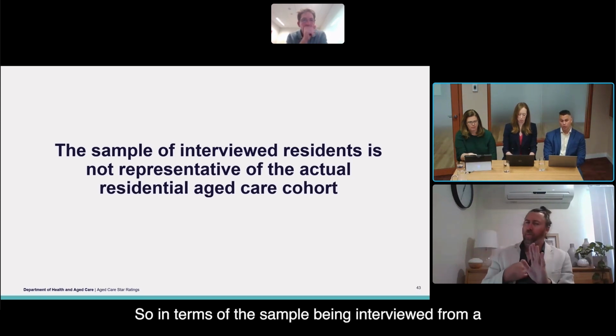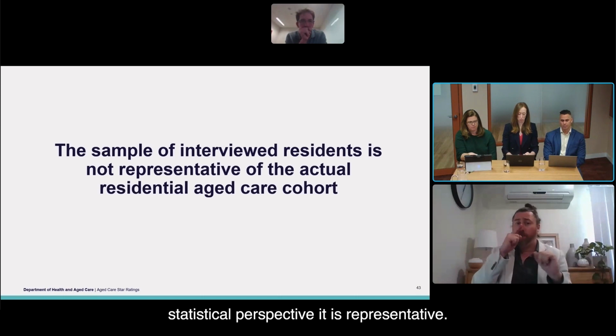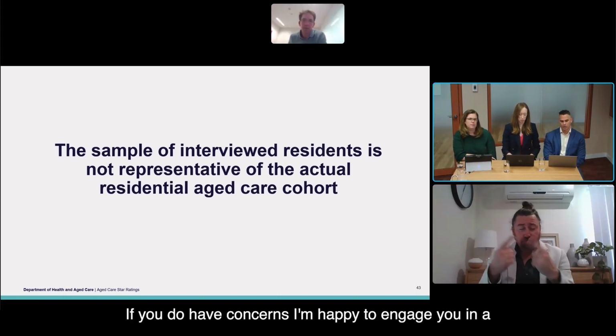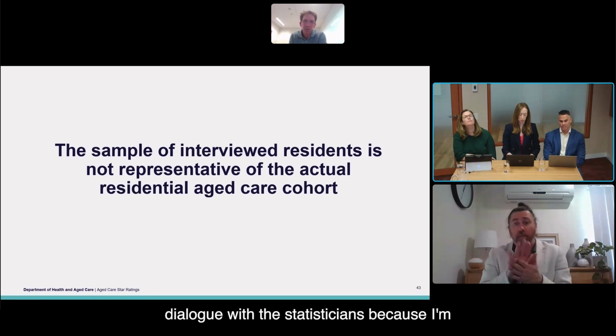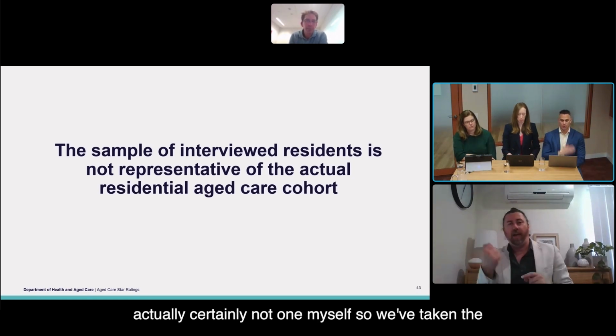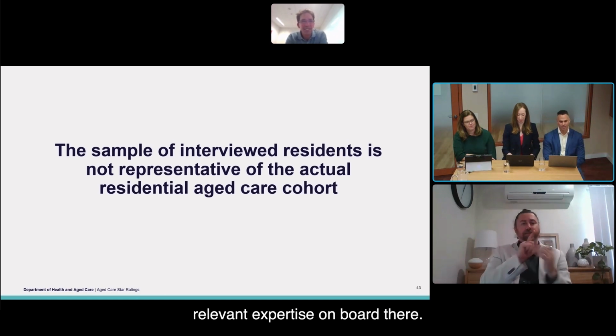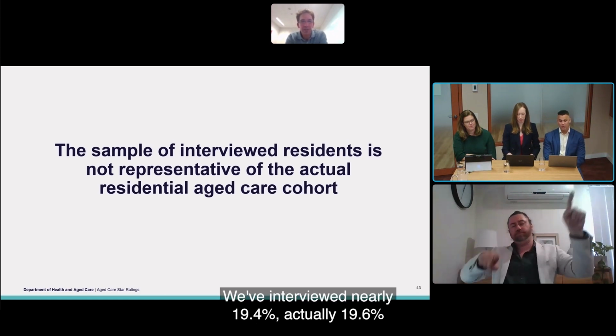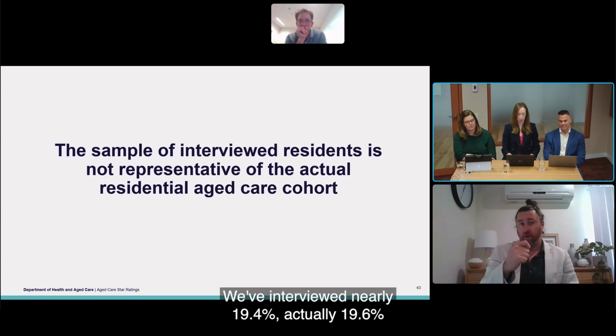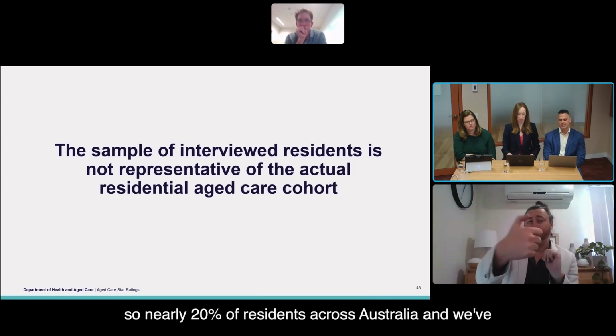So in terms of the sample being interviewed from a statistical perspective, it is representative. If you do have concerns, I'm happy to engage you in a dialogue with the statisticians, because I'm certainly not one myself. So we've taken the relevant expertise on board there. We've interviewed nearly 19.4%, actually 19.6%, so nearly 20% of residents across Australia.